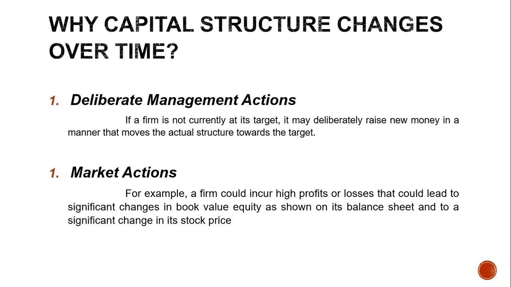For example, a firm could incur high profits or losses that could lead to significant changes in the book value of its equity, as shown on its balance sheet, and to a significant change in its stock price. So when an entity has a profit or a loss, it will result in a change of its stock price.